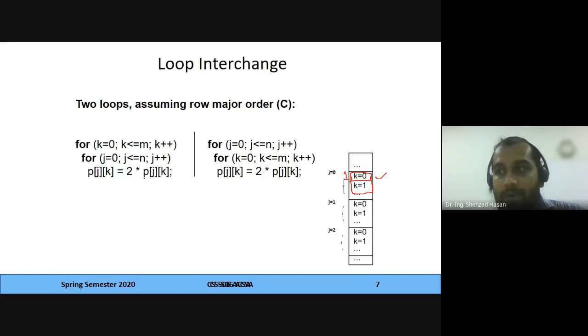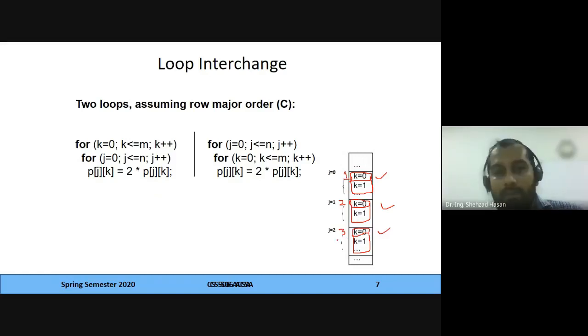Since k is not changing, we are talking about P10, which means this element. This element, along with some more elements, is going to come into the cache. So this would be our second access. Then you change the value of j again, and this means you access the third element. Along with that, some more elements are going to come into the cache.